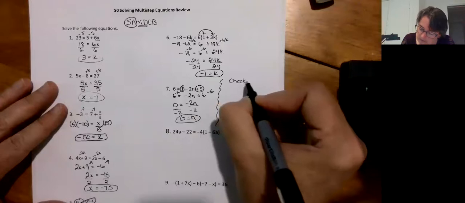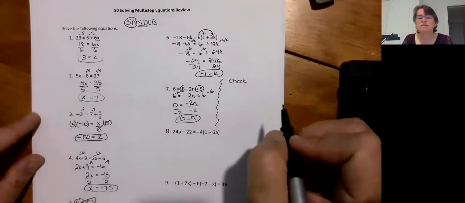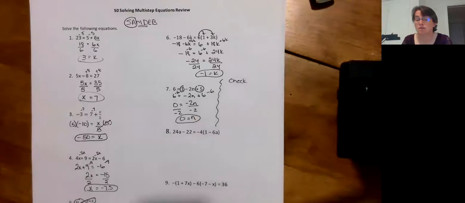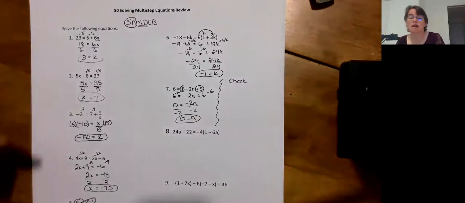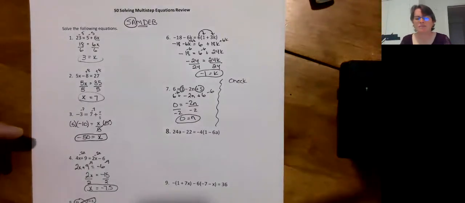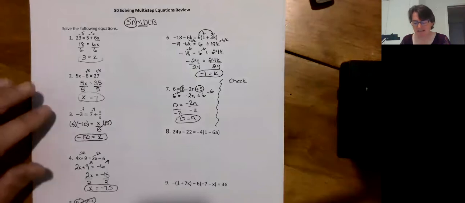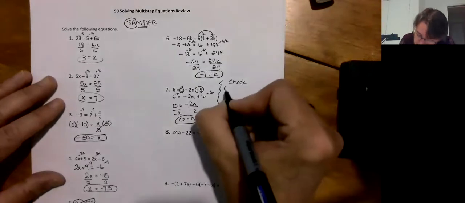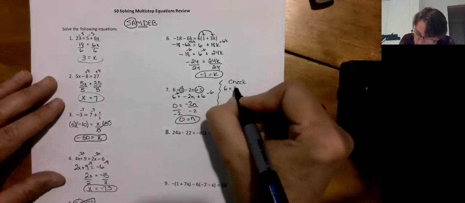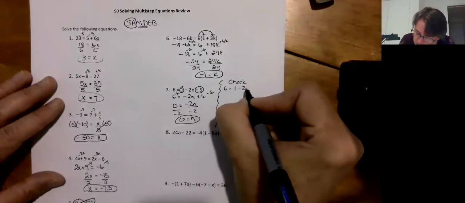And that's the other time I do checks, right? Sometimes the question will say, do a check for this. Other times, if the answer feels weird, or I'm going, well, pretty sure I got that right, do a check. 6 is equal to 1 minus 2n plus 5.